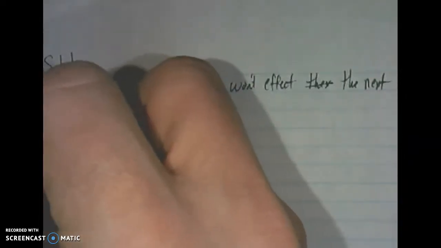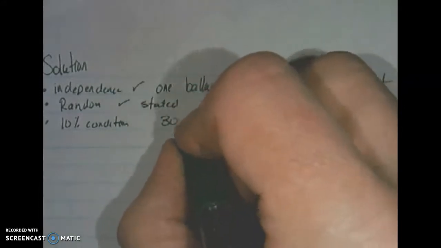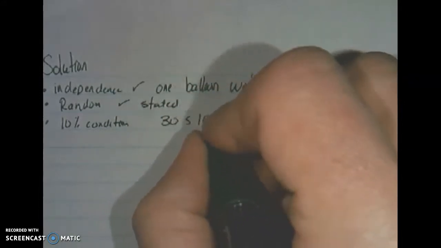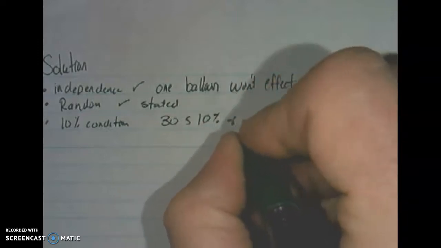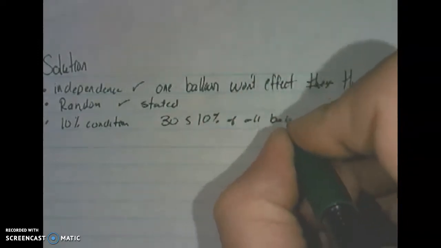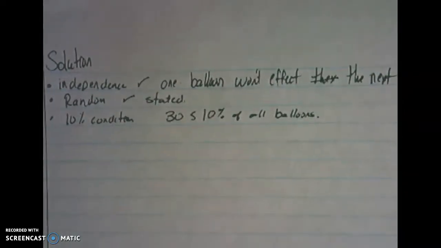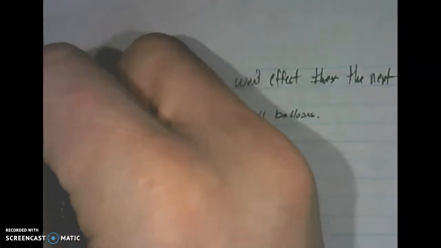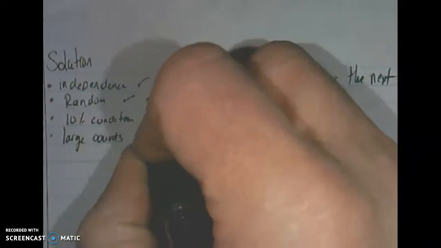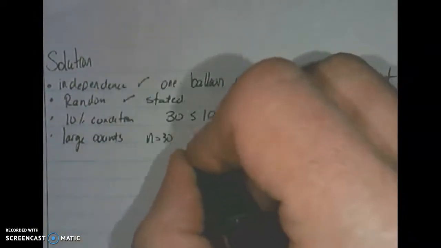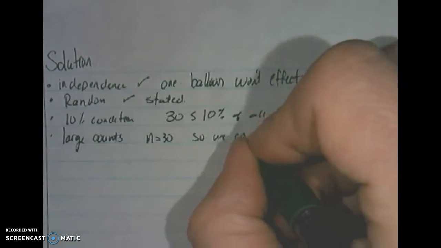Next one's the 10% condition: 30 balloons for each set is less than or equal to 10% of all balloons, so I think we're good there. Large counts: very nice, n is equal to 30. So we can proceed to a 2-sample t-test.